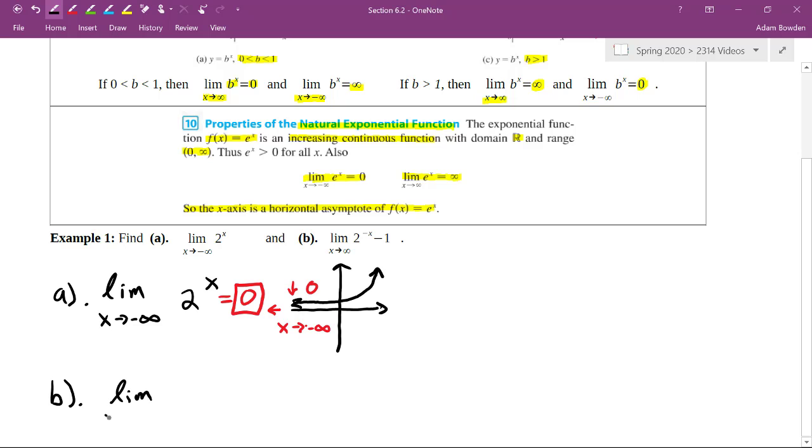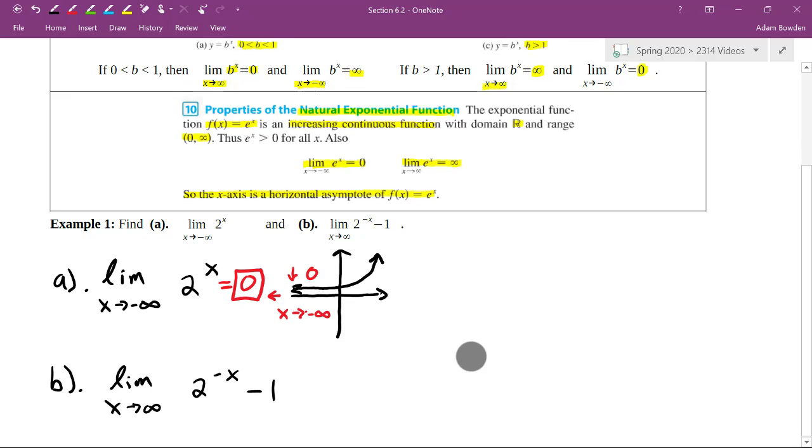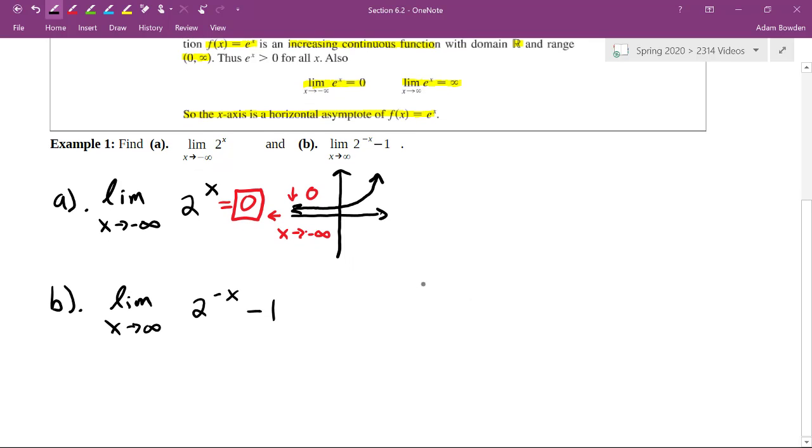Now we might see functions like the limit as x approaches infinity of 2 to the negative x minus 1. One of the best ways of getting a quick idea of what's going to happen here is to just look at the graph of the function. You can even use a graphing calculator to see it in a pinch. So I know this graph has to be shifted down and reflected due to the negative x and the negative 1.